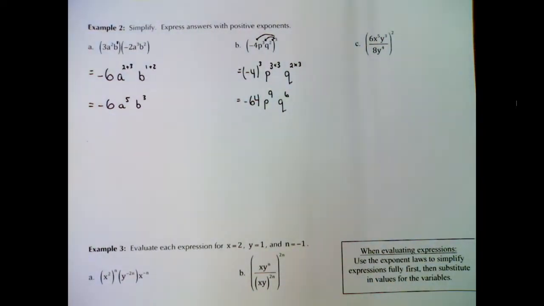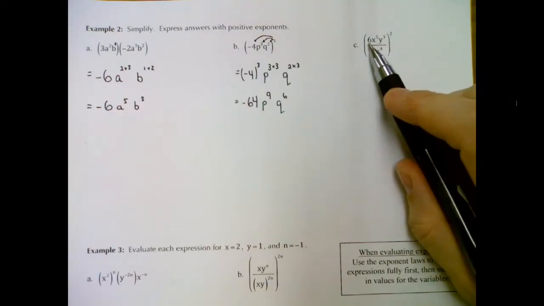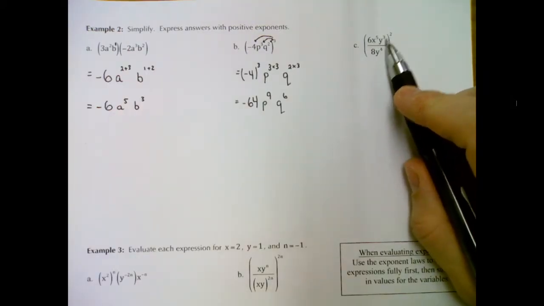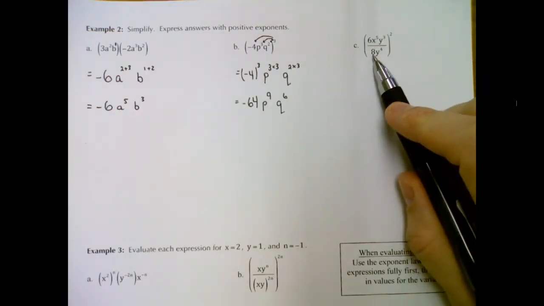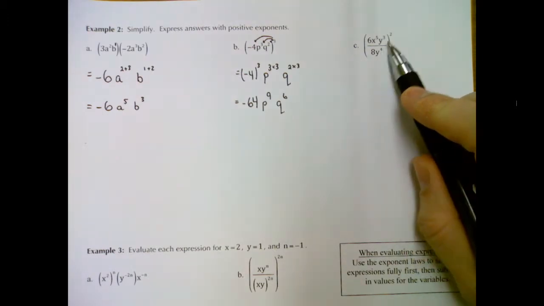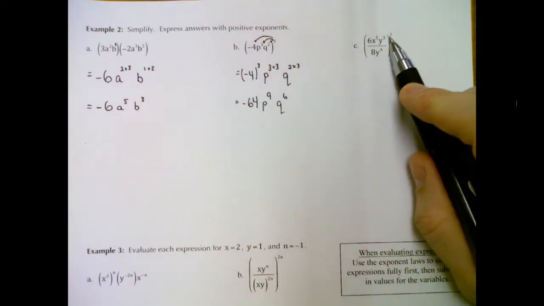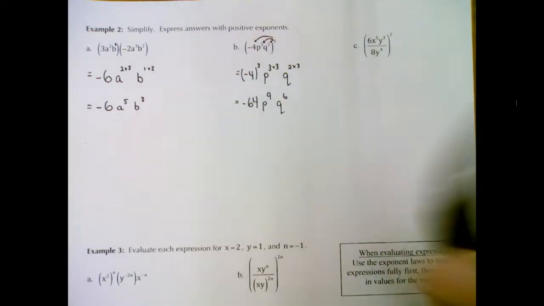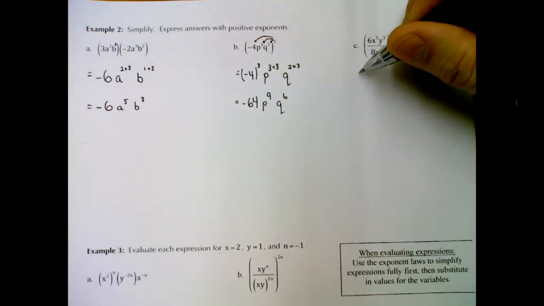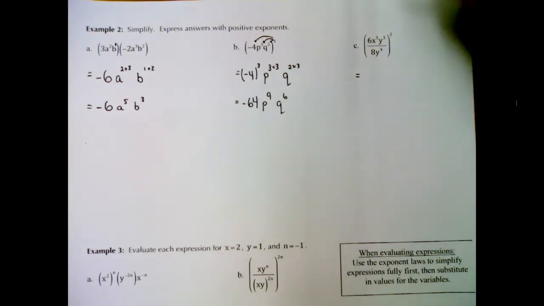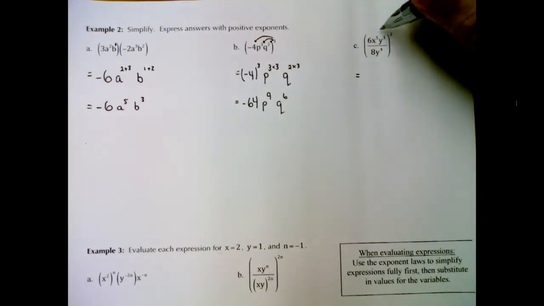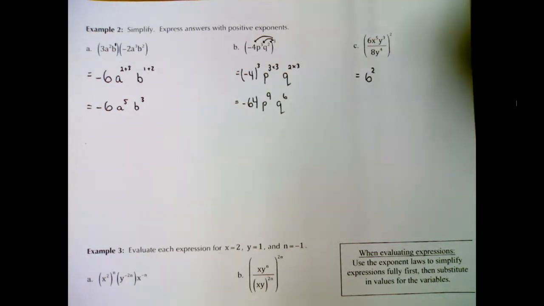And our last example. Here we've got 6 times x5 times y cubed divided by 8y4, all squared. We could simplify inside first and then apply the exponent, or we could apply the exponent then simplify. And either way is fine. I'm going to apply the exponent. So 6 squared.